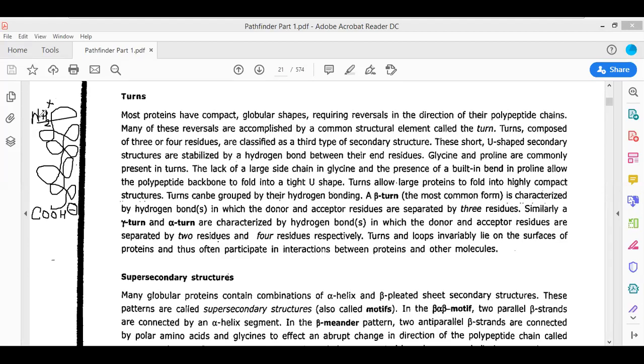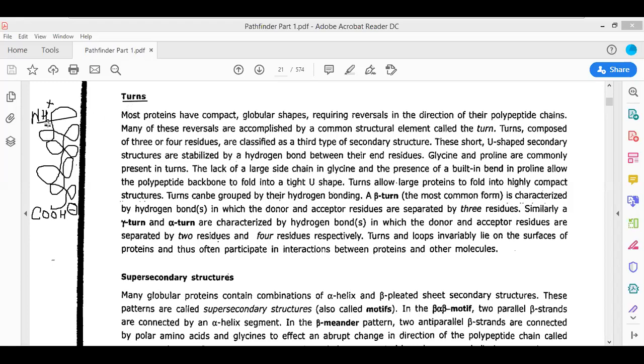Okay, so this protein is not a linear molecule. In fact, the polypeptide is folded in several orientations. So this fold in the direction of the polypeptide is what is referred to as a turn. Turn refers to folding in the structure of the polypeptide chain.